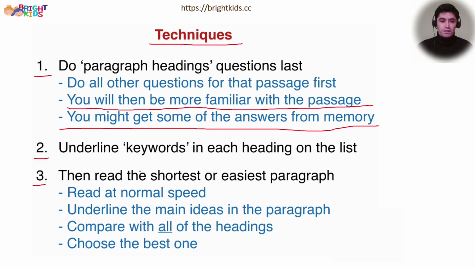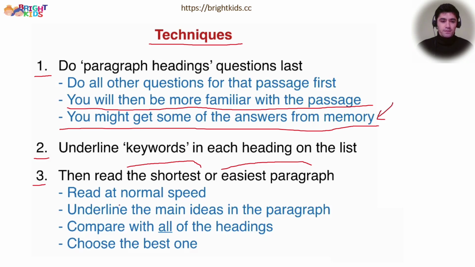That's why starting from the shortest paragraph saves your time. Also, the easiest paragraph. By easiest paragraph, I mean the one that you can get from memory, the paragraph that you know more about. Usually you know more about one paragraph if you have dealt with it before, while you were doing other questions.